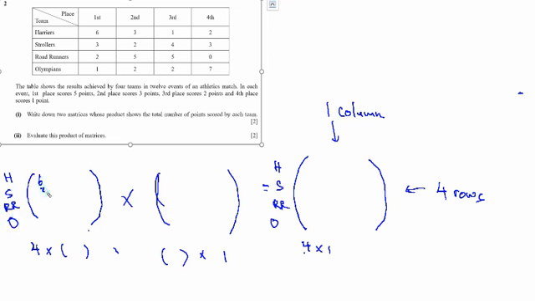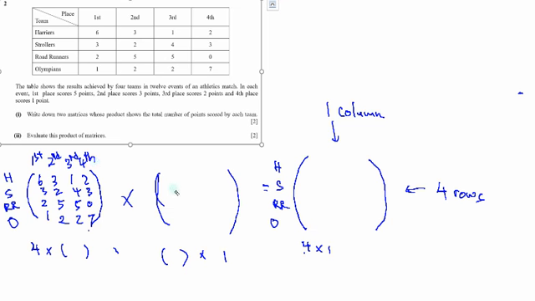That means 6 3 2 1, 3 2 5 2, and then 1 4 5 2, then 2 3 0 7. So this is first place, second place, third place, and fourth place.